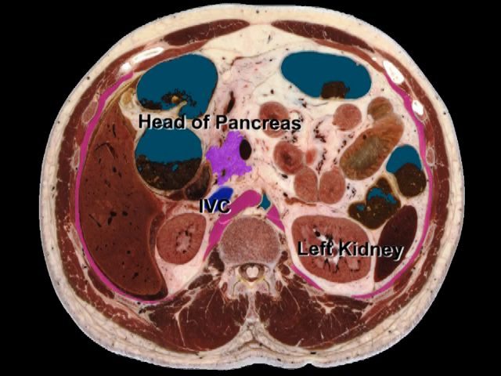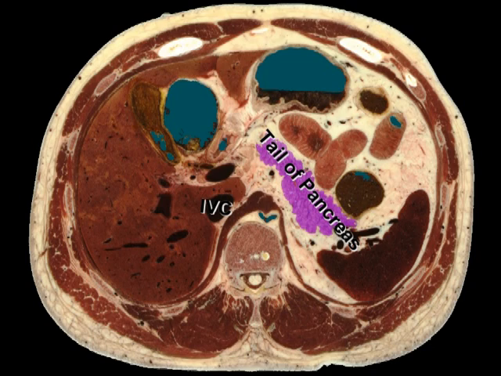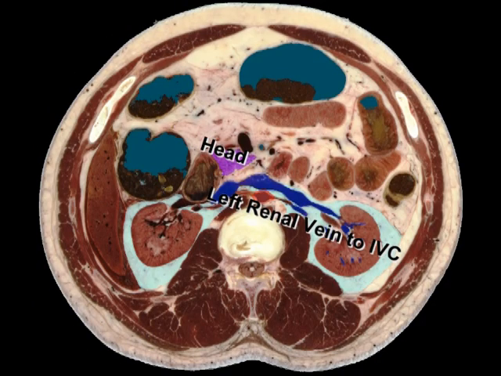These images on VH Dissector will help reorient you to the anatomy. In this image, the inferior vena cava and the head of the pancreas are labeled. Here, the tail of the pancreas is seen in purple. Remember, the pancreas is a retroperitoneal organ.